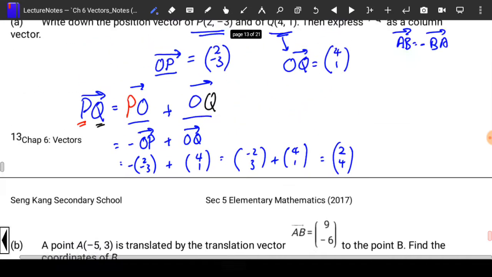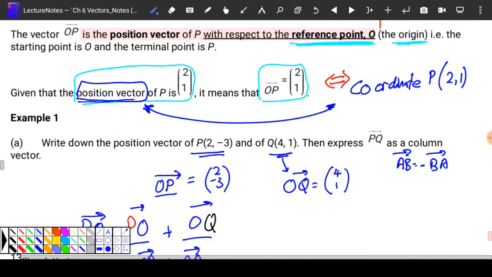Because on top we mentioned position vector and coordinate is the same thing. If I say coordinate is 2, 1, I'm telling you position vector, which is OP, is 2, 1. Do you see the relationship now?